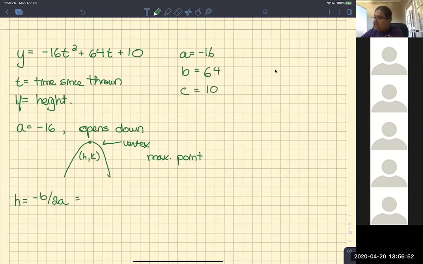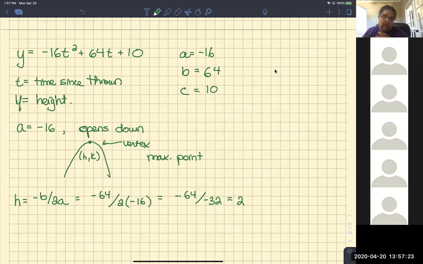So when we plug it in, we get -64 divided by 2 times -16. And if we do the math, -64 over -32, which is 2. So that means the x-coordinate of the vertex is 2. The ball is going to reach its highest point in 2 seconds.